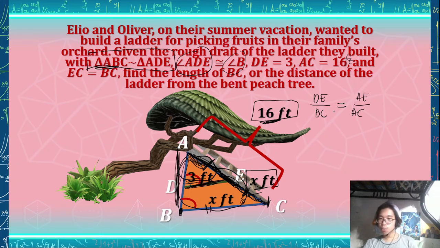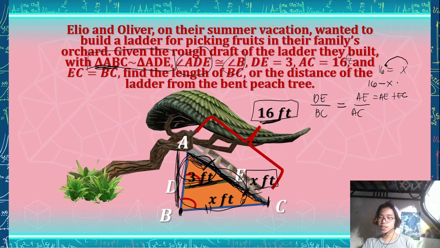So we can say that AC is equal to AE plus EC, so 16 is equal to AE plus X. We're just going to transfer X to the other side.